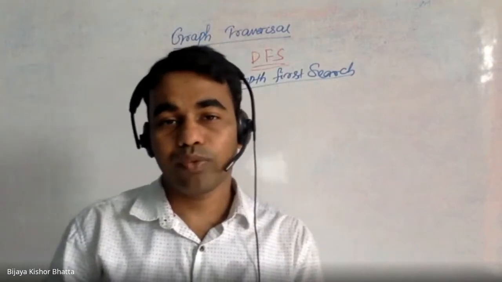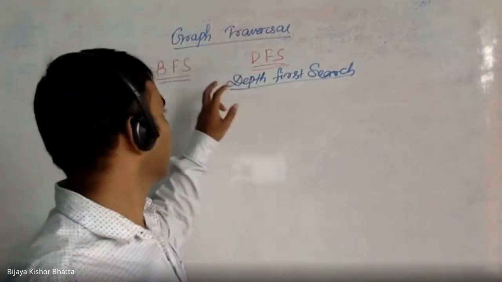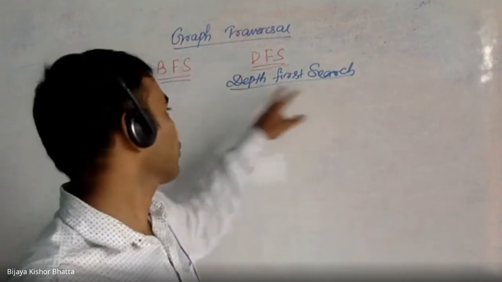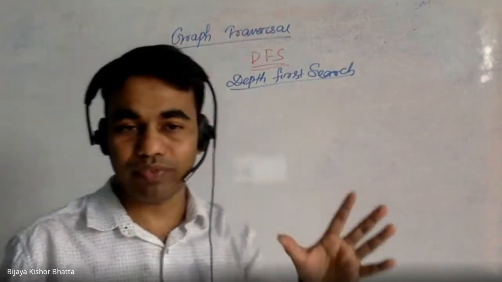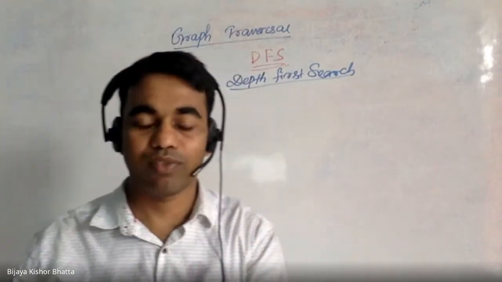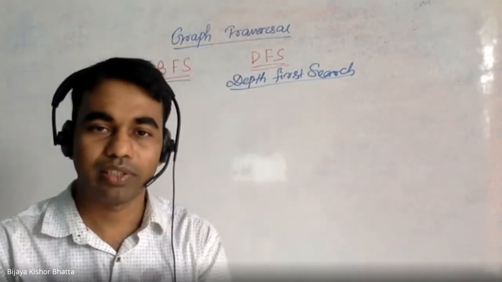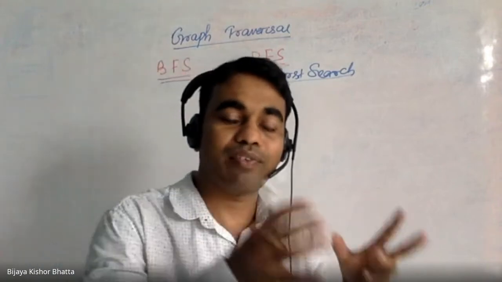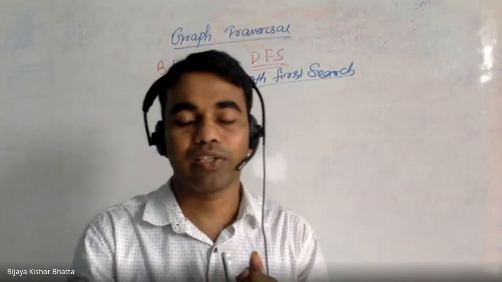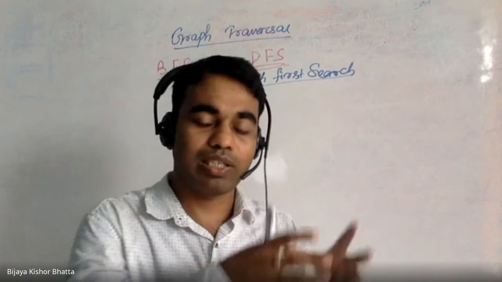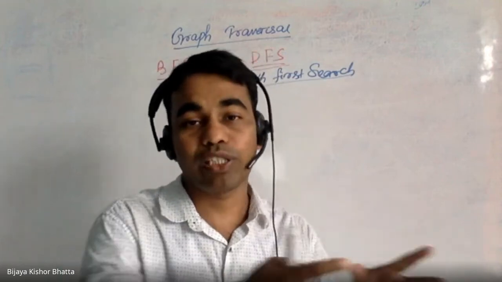Okay. So now we are going to discuss depth first search. We have already seen what BFS is and how it works. We have taken some examples and seen how the traversal works for different kinds of graphs. But coming to depth first search, what will be the basic difference? In BFS, we use a queue as the data structure.